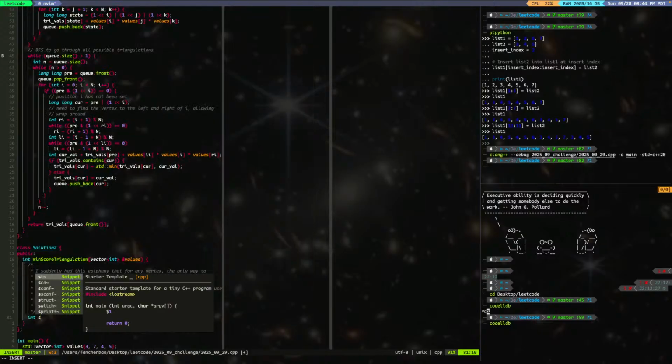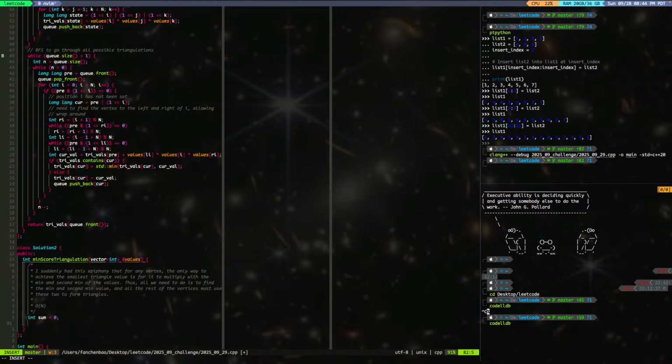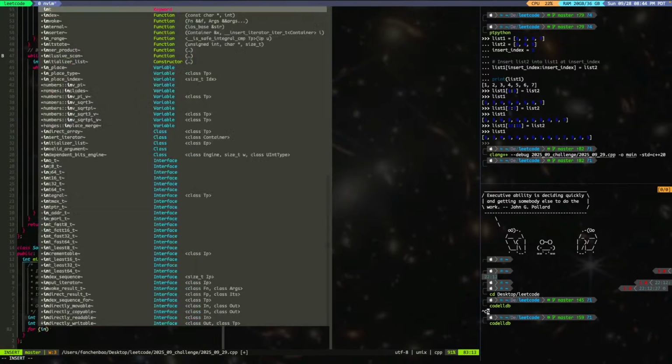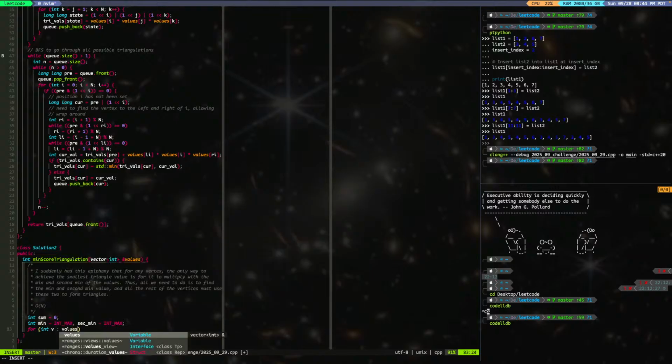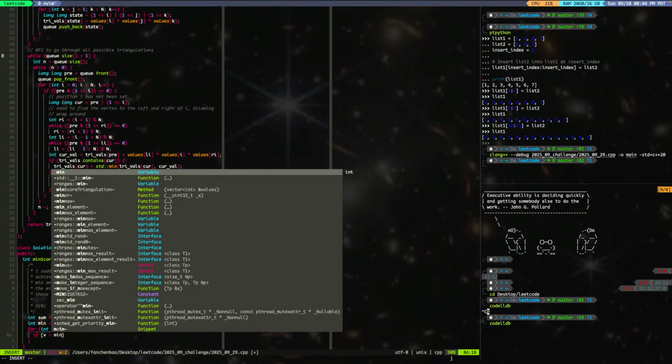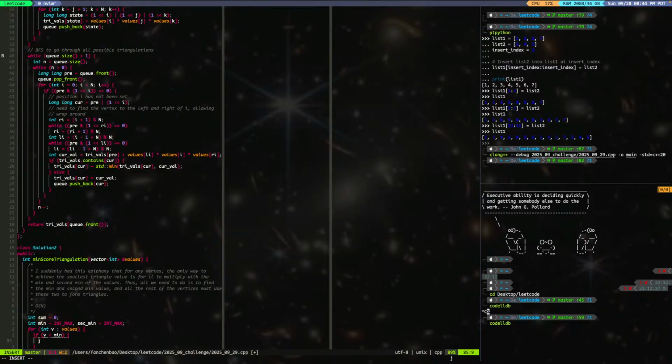So I have to have a sum. Sum is 0, and min is int max. Second min is also int max. So for int v of values, if v is smaller than min, actually no, this is going to go easier.